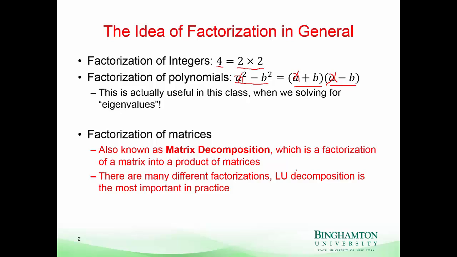There are many different factorizations available, but the one that we're going to talk about is the LU decomposition. And I say here that it's the most important in practice. Yeah, it's one of the most important. There are a few others: the eigenvalue decomposition and the singular value decomposition. Those are real workhorses as well.